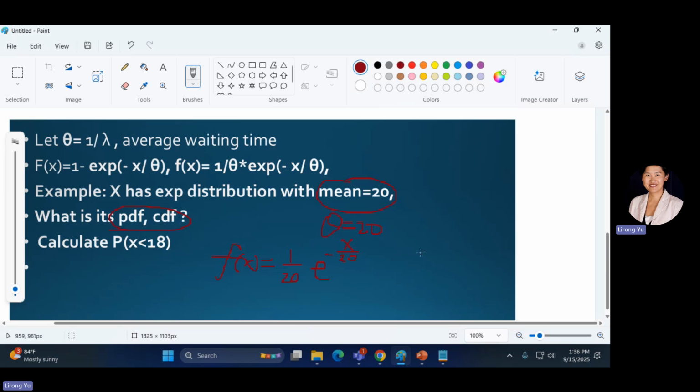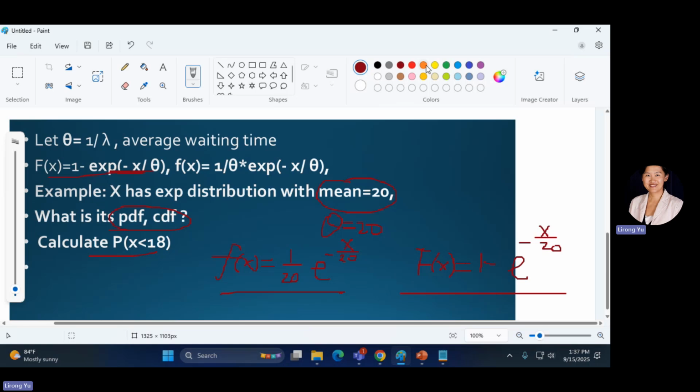And then the cumulative distribution function is a probability, and it's 1 minus e to the negative x over 20. It looks kind of similar yet different. So that's the CDF and PDF, and then let's calculate this probability.